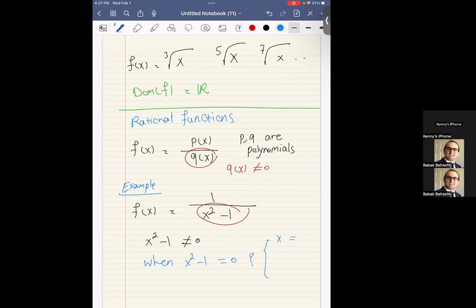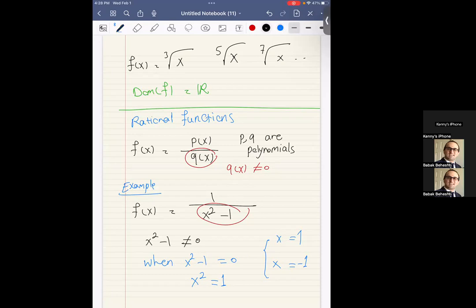That means x must be equal to either 1 or minus 1. So x equal to 1 and x equal to minus 1 are not in the domain, because if x equals 1 or minus 1, the denominator would be 0. So you have to remove these two points from the domain.